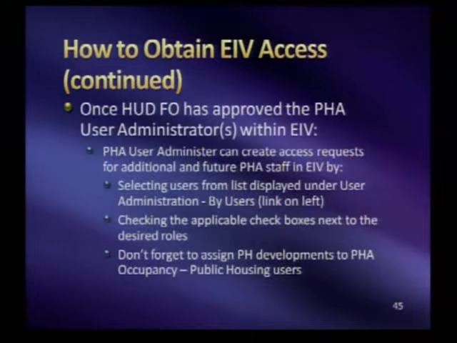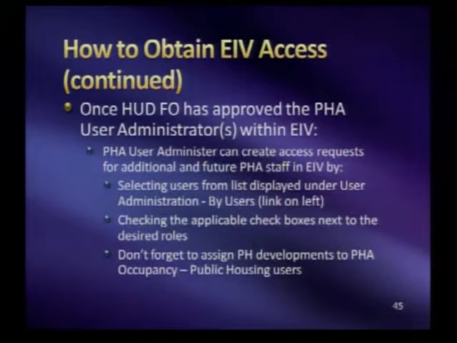One of the things I tell folks, please look at the HUD Form 52676 instructions, because it tells you exactly what roles you need to have assigned to your user ID based on certain core responsibilities that you actually conduct at your housing authority.